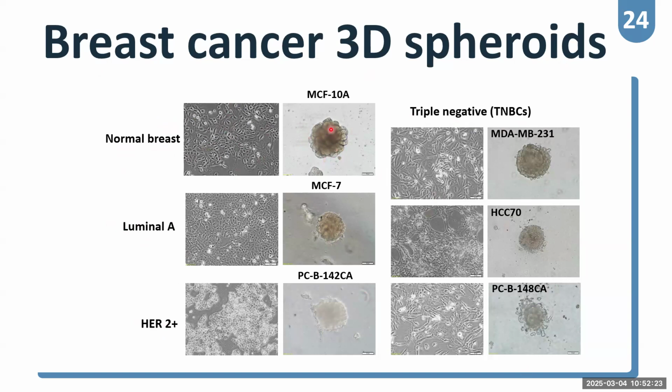If you work closely every day with this type of cell, you just look under the light microscope and you can guess what it comes from. For example, a beautiful organoid spheroid like this comes from MCF10A. This is the normal breast cell.